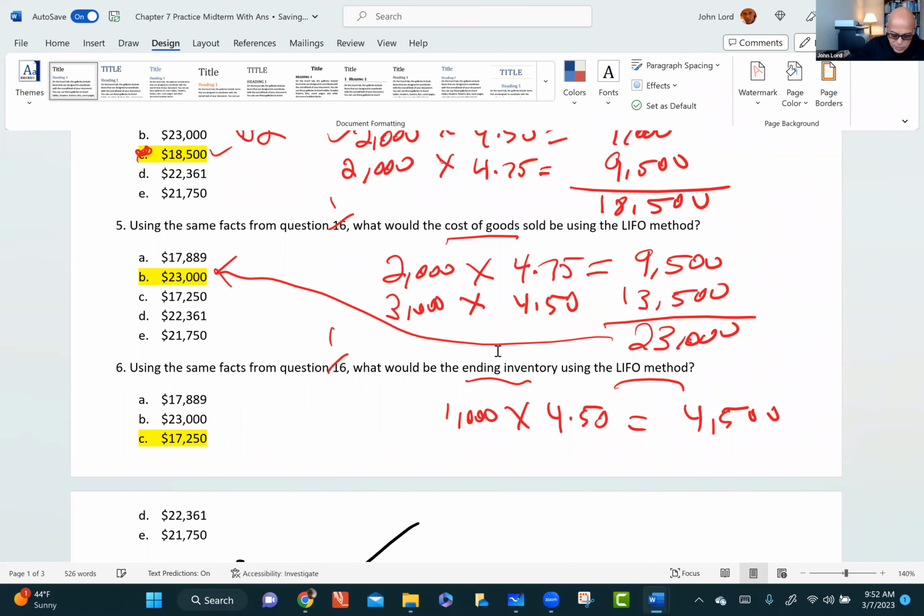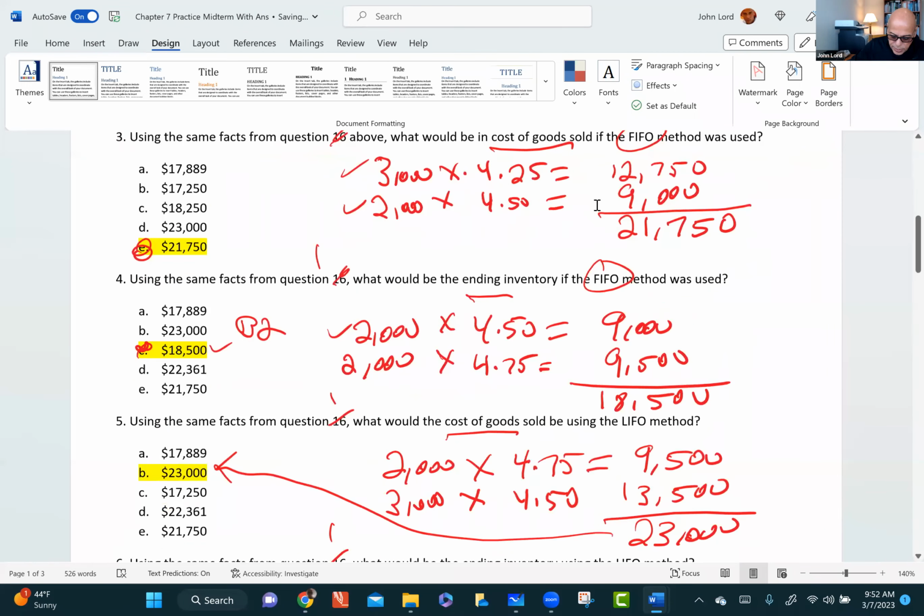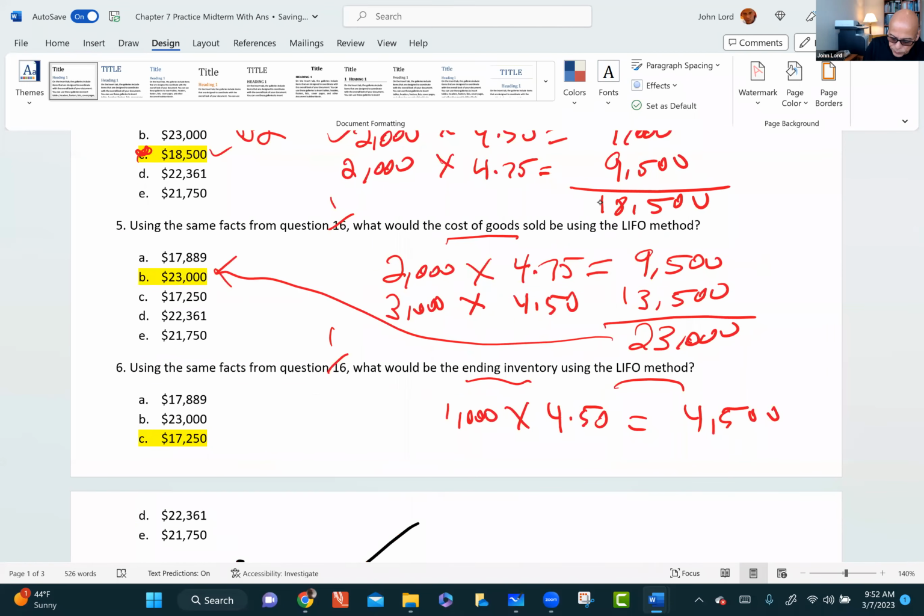And then I could just peek up at the table because all 3,000 are there, and I already extended that out to 3,000 times 425 is 12,750. So I'm just going to pull that number down. When I do the math, 4,500 plus 12,750 gives me 17,250.